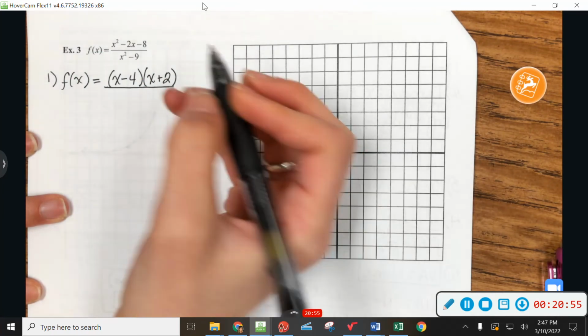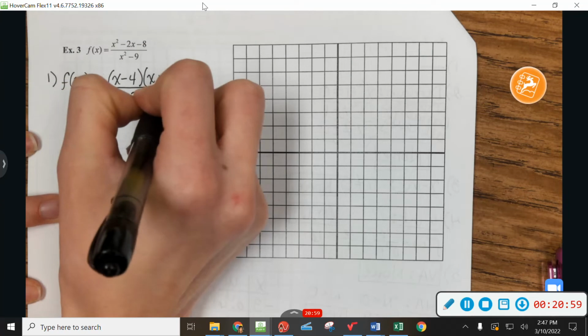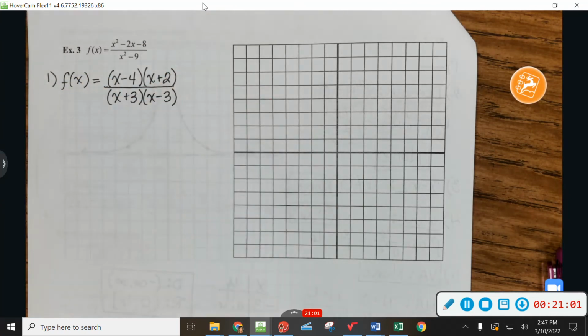And our denominator is going to factor x plus 3 times x minus 3 because it's the difference of two squares. Then you would check, can you simplify? I can't simplify any of this. I cannot cross any of the factors out. So that is just factored form.